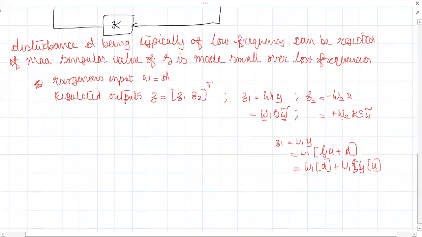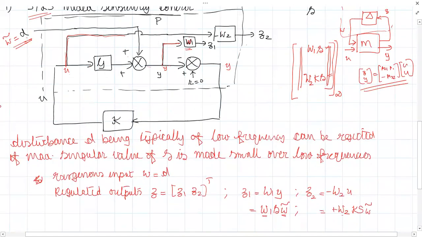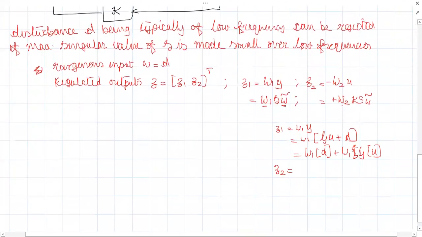Yes, sir. Then what will be Z2? Z2 is nothing but minus W2 into U.